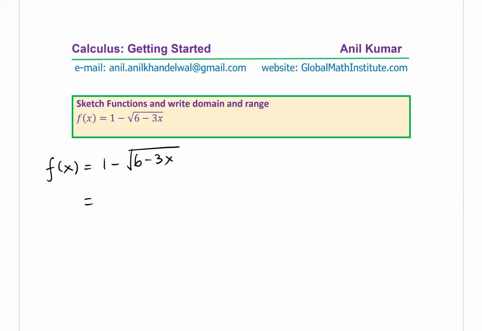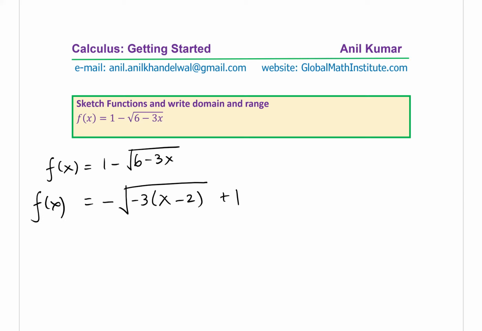So factor out this 3, right? The leading coefficient should always be factored. So we are left with x minus 2 within the brackets, everything under square root, plus 1. So that becomes your function.